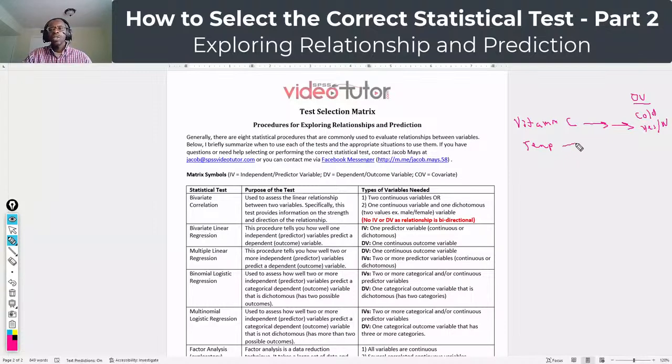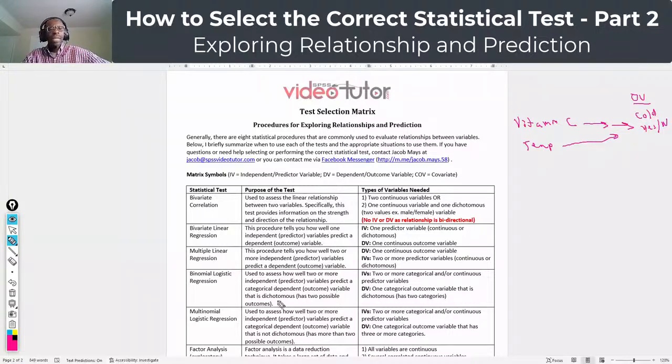So that might be used to predict whether or not someone catches a cold. So this is dichotomous, yes or no. And these are your two predictor variables. Vitamin C consumption, do you have high, medium, or low vitamin C consumption? And then what is the temperature outside across a specific time period. So this is what we would use for a binomial logistic regression.